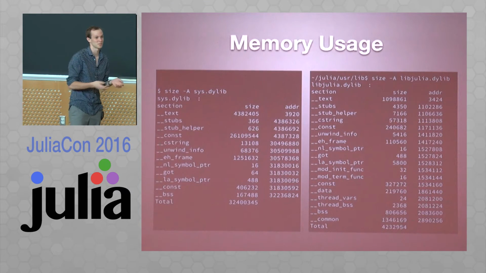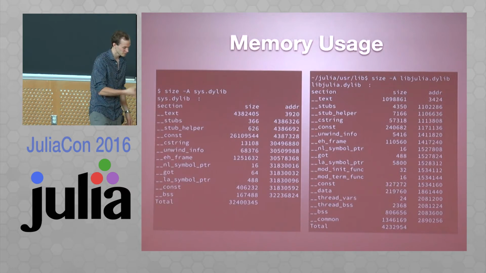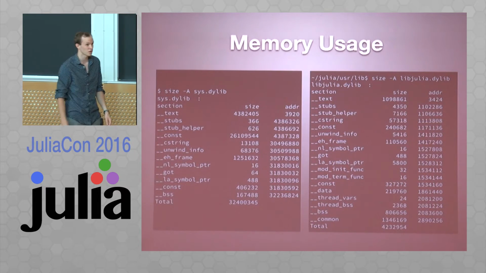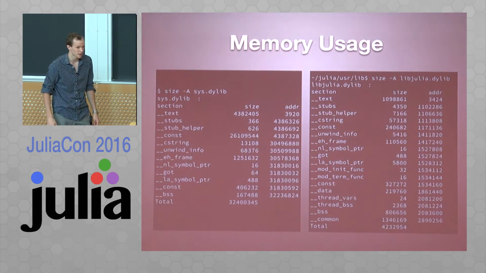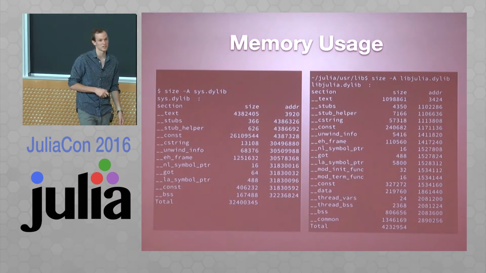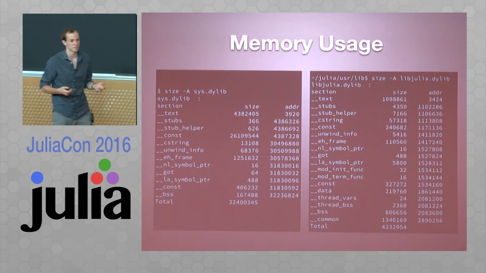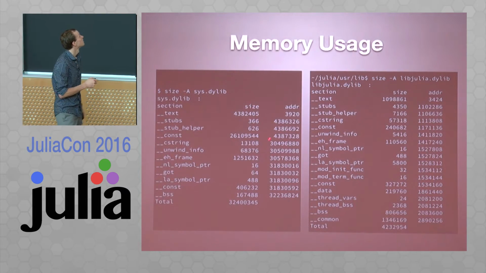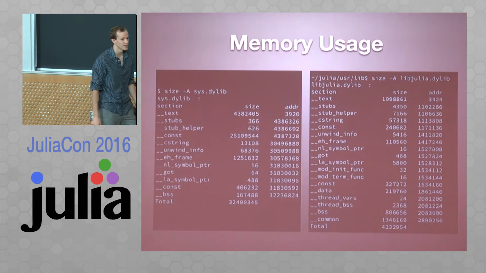If you ever run with --precompiled=no, the 10 seconds of startup is regenerating that code. So that's where we have a lot of caching that goes on now, a lot of precompilation, a lot of static code is already in there. And so definitely looking to make that bigger so that more functions can start up really fast. There's a section in here, the const section, so there's about 26 megabytes of Julia metadata also in here.